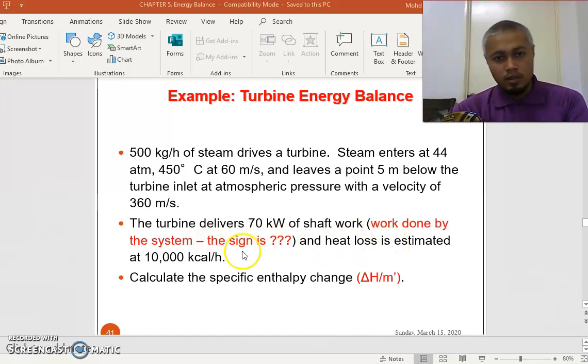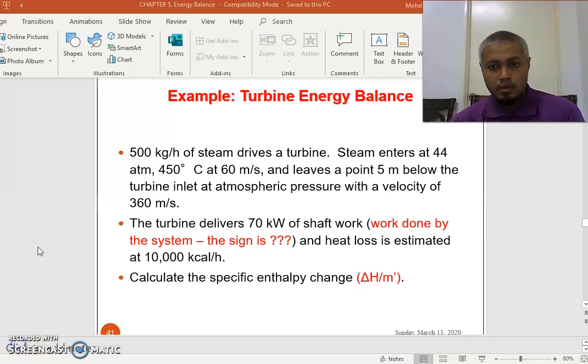Heat loss is estimated at 10,000 kilocalorie per hour, so heat loss means negative Q. Then we need to find the specific enthalpy change, in other words delta H per m, because we have a specific term here. As we learned before, if we have specific, we need to divide the value that we have by the total amount of mass or mass flow rate for the system. Let's have a look at the solution.